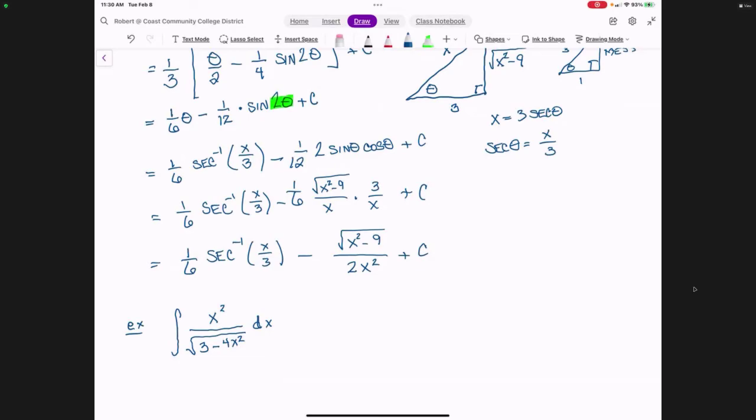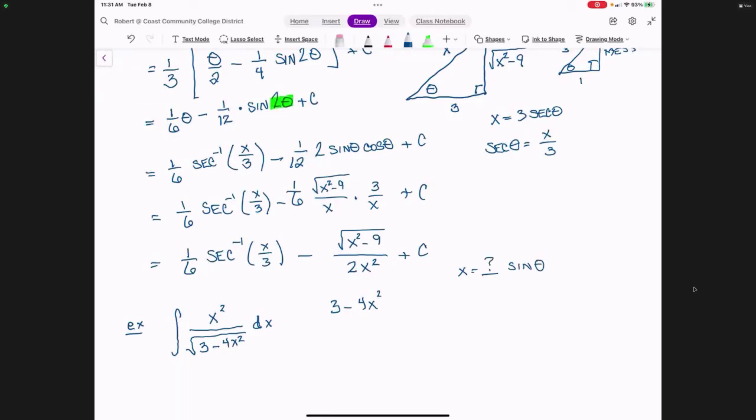So what I'm going to do, because I'm just going to start playing around with this: 3 minus 4x squared. And I know that x is going to be something times the sine of theta, because I've got a number minus x squared.